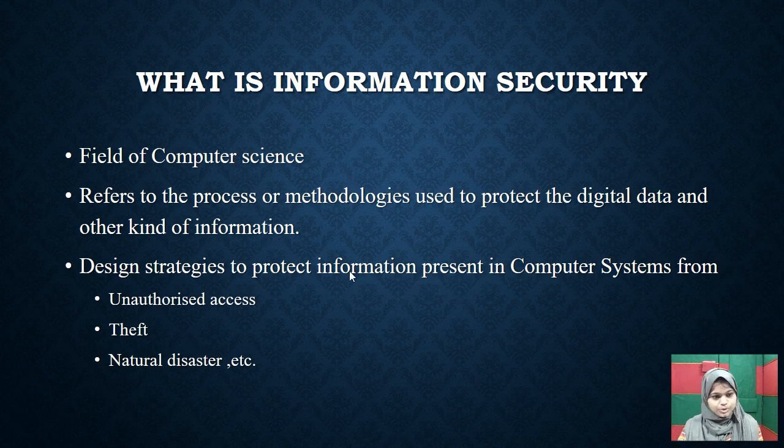What is information security? It is a field of computer science which refers to the process or the methodologies used to protect the digital data and other kind of information. As you know, computer science consists of different sorts of tools, algorithms and processes, which keep our data protected from unauthorized access.